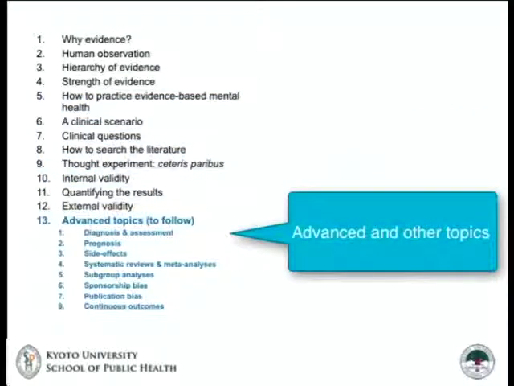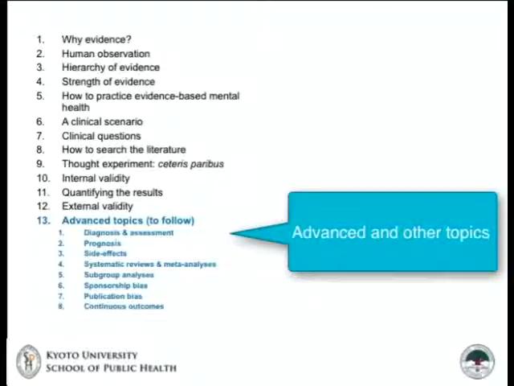As you have by now realized, there are more areas to EBM, such as diagnosis, prognosis, or side effects. We have also seen that we need a systematic overview of the totality of evidence in order to reliably arrive at the underlying truth. In this introductory series, I have not dealt with this.